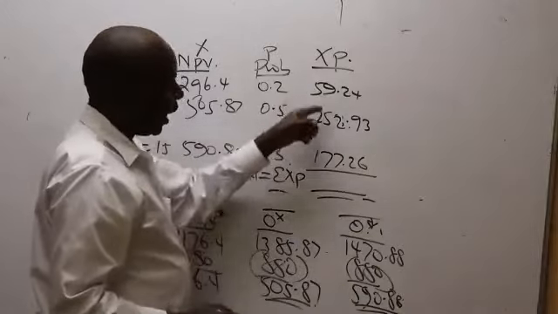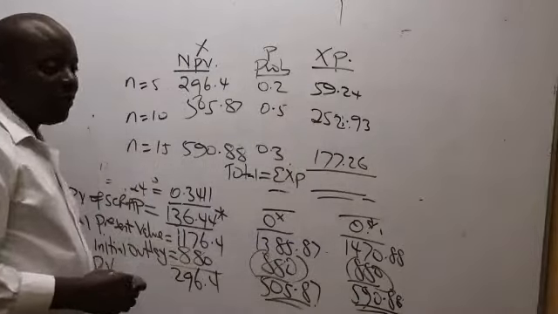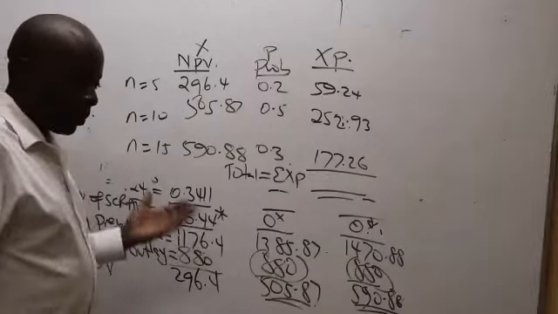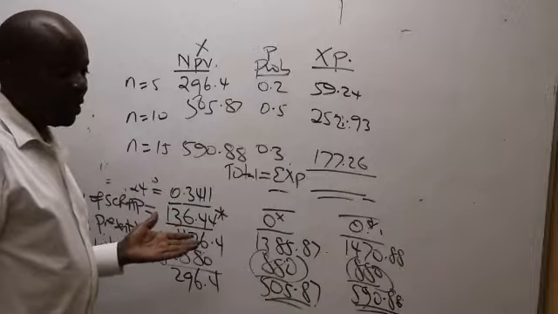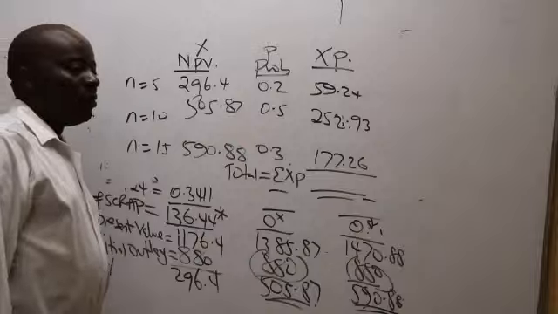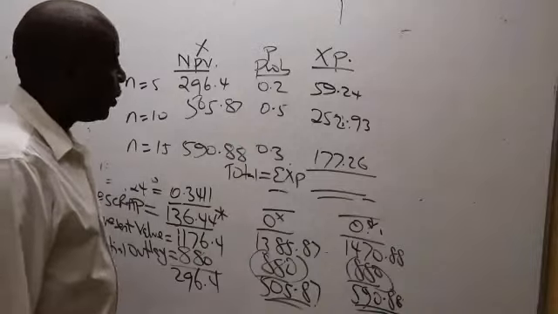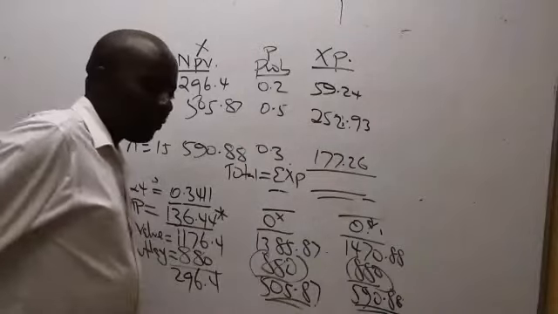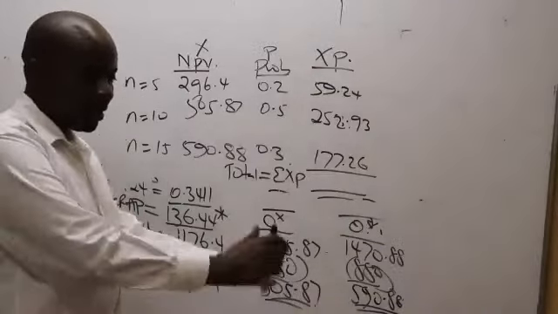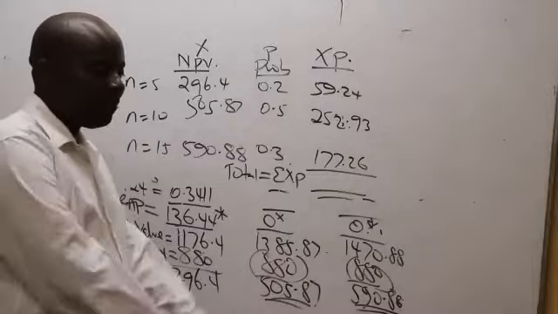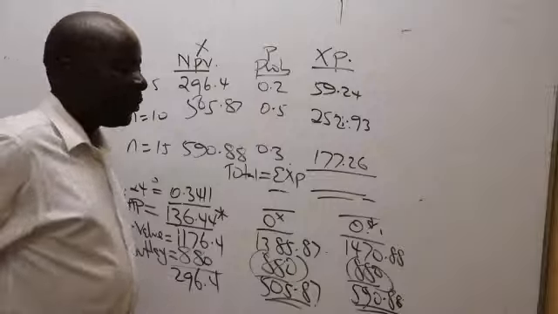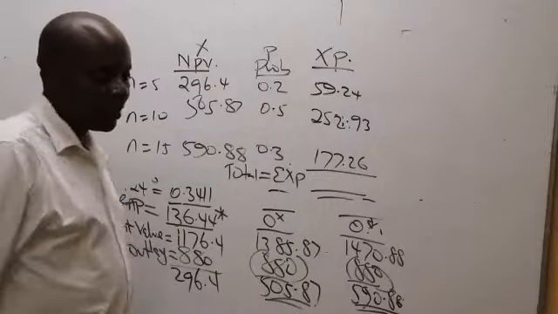So you add everything there, and whatever you shall get will be your expected net present value. Is there somebody who can give me the figure?